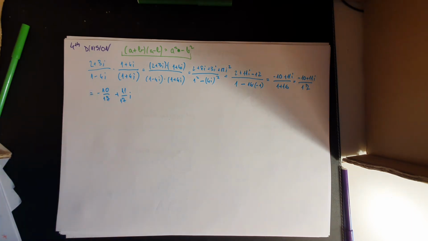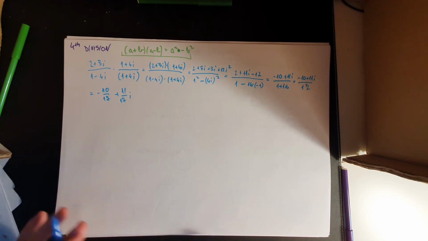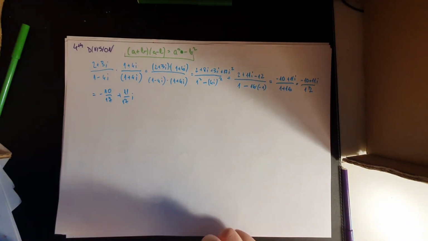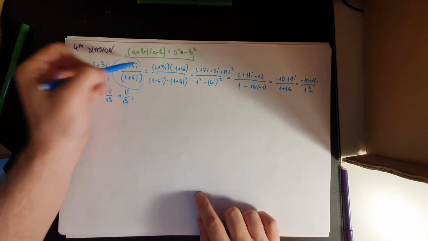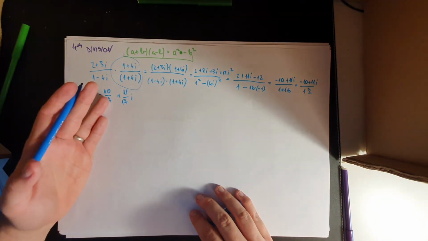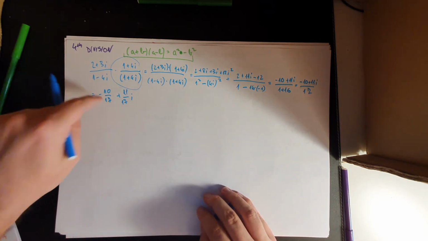So this is the division. Watch out, it uses everything that we've gone through with addition, subtraction, and multiplication. It uses those principles, and this is an important step. If you have to, go back and go through it one more time, or as many times as you have to, in order to remember this.